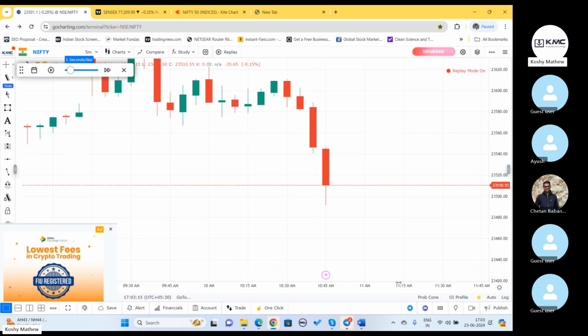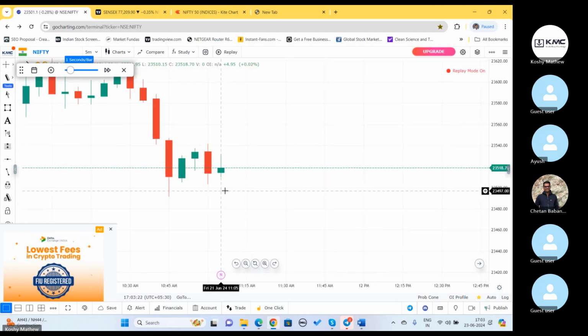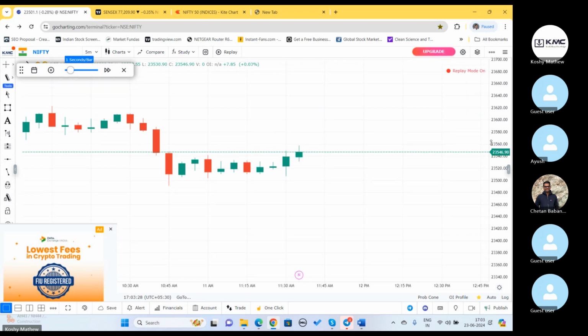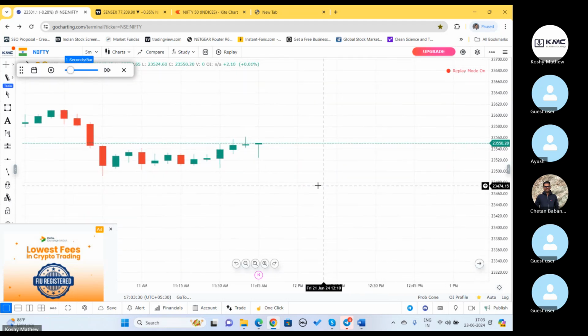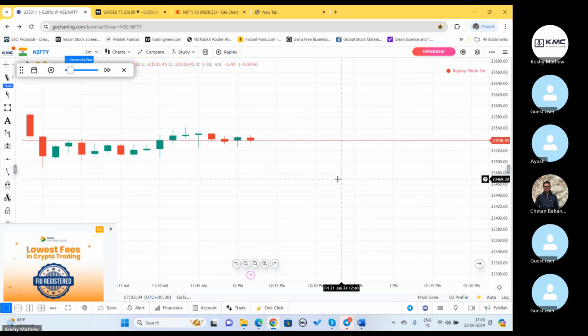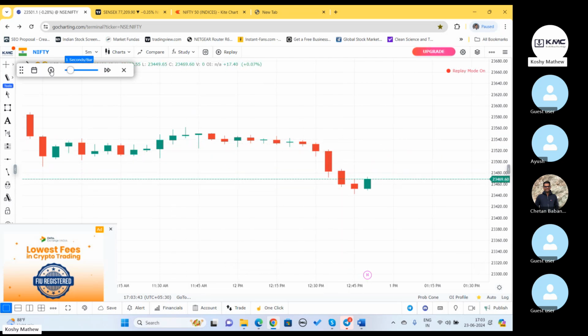Let's start with 9 o'clock so that I have a clear view. Market is going sideways.